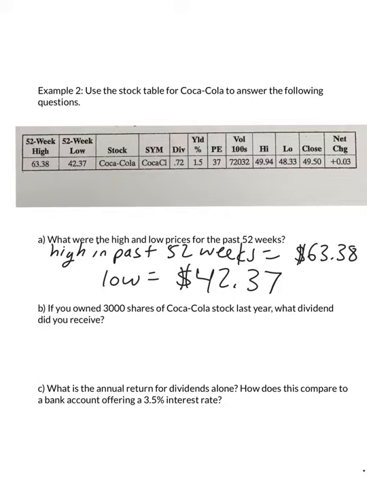B, if you owned 3,000 shares of Coca-Cola stock last year, what dividend did you receive? So how much money would you receive? Clearly, the word dividend, we're going to look at the div column. So we got 3,000 shares is how many we owned, times the amount of money we got per share, look under the dividend column, was 0.72, in other words, 72 cents.